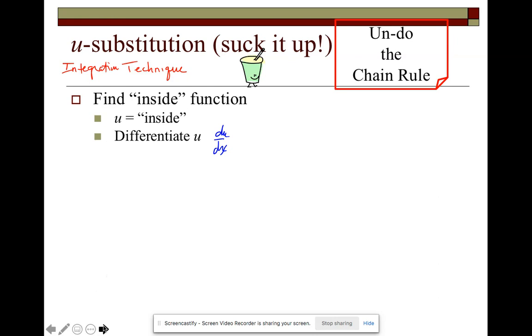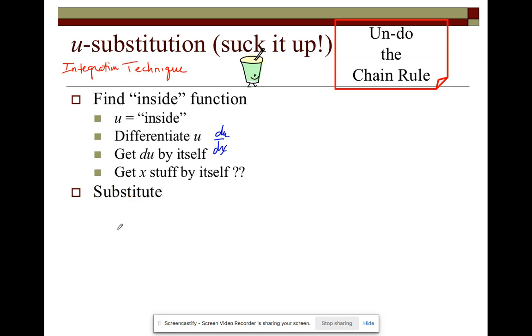And then you're going to multiply both sides by dx so that you get du all by itself. And then you're going to ask yourself some questions. Do you need to get the x stuff by itself? I know that doesn't make any sense to you right now. I know. Then you're going to substitute so that your integral is all u stuff.